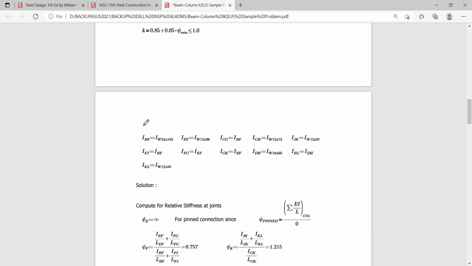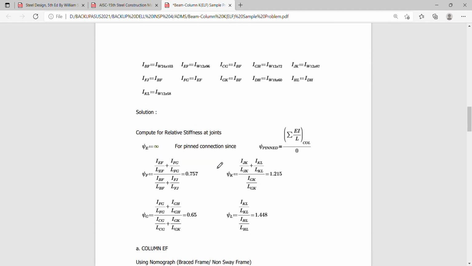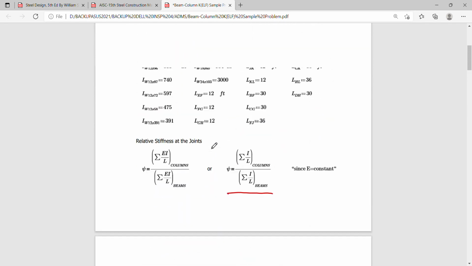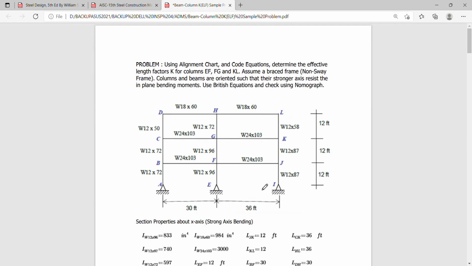These are the moments of inertia. To compute the relative stiffness at the joints concerned, we need to look at the figure, since the required columns in particular are only the EF, FG, and KL columns, which are these ones.